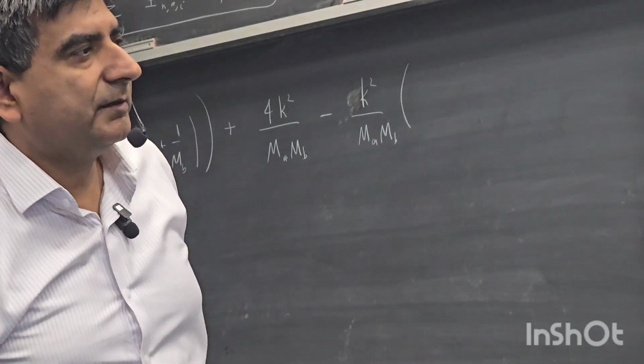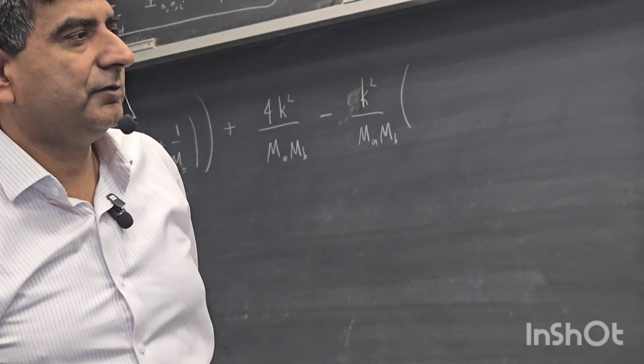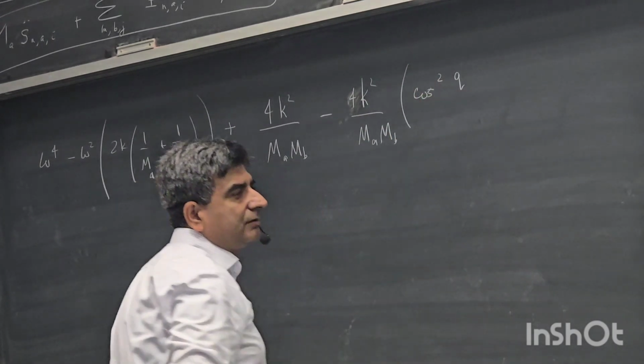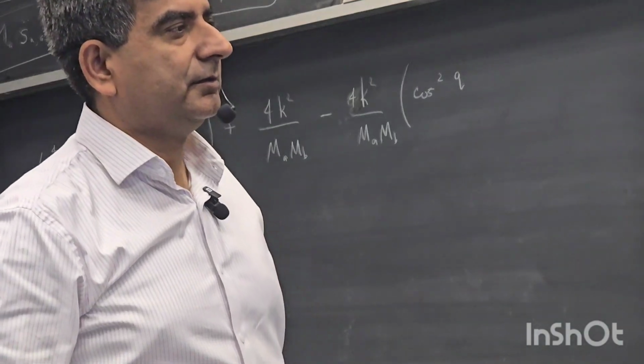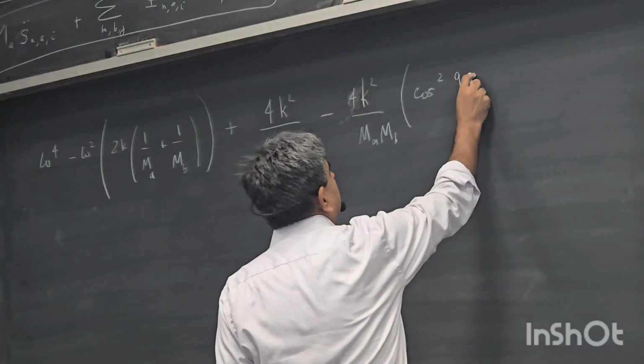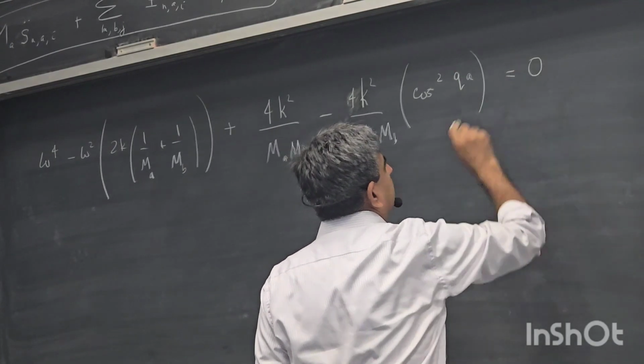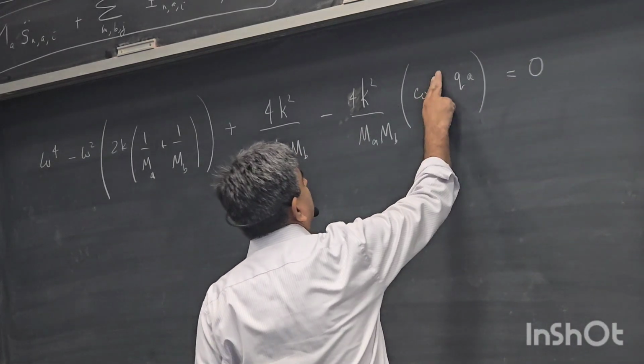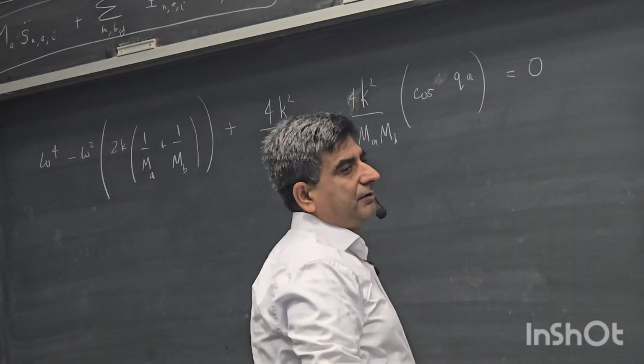and then I have 1 minus cosine square QA, and then minus 4 cosine QA.